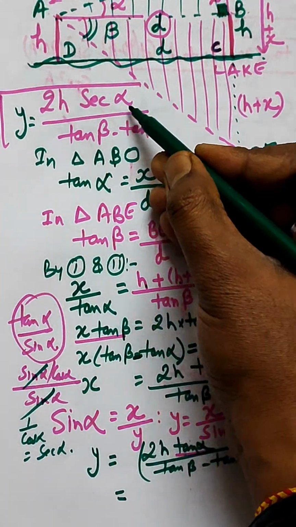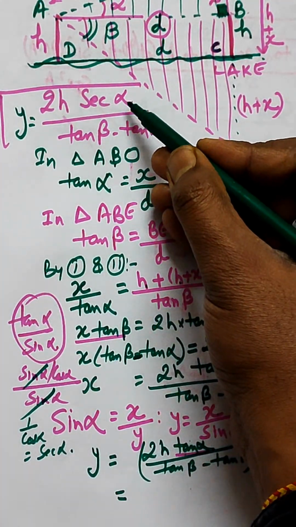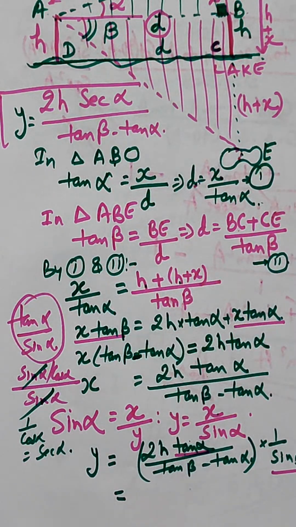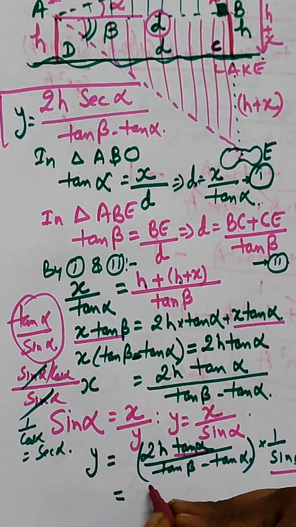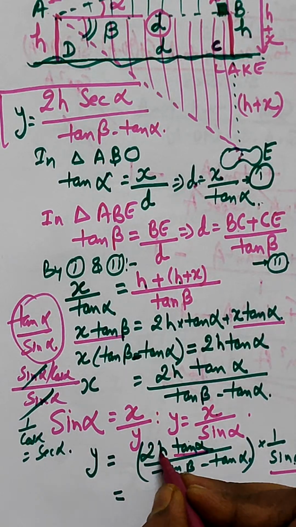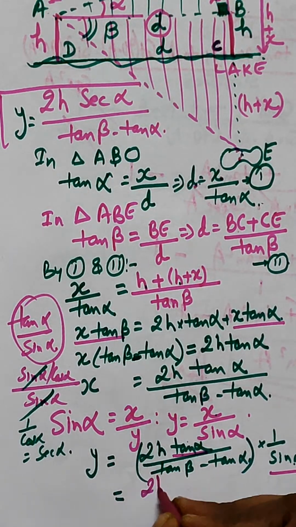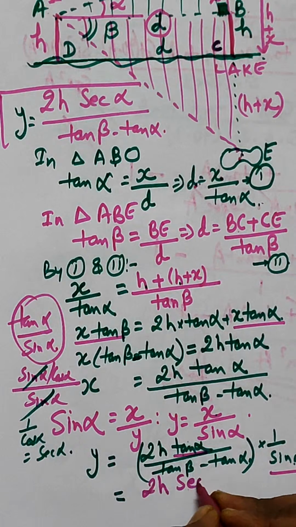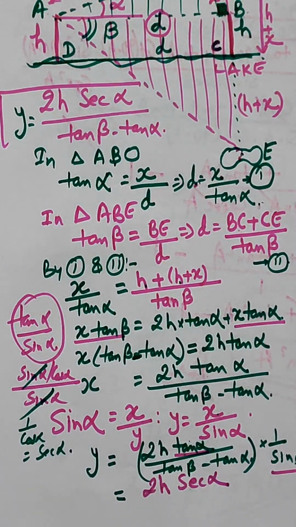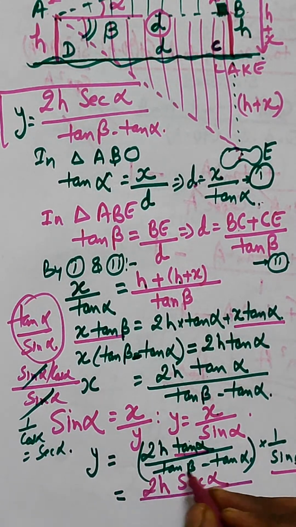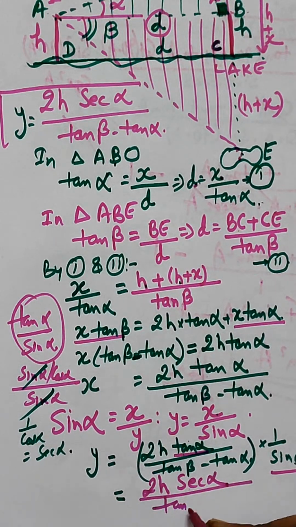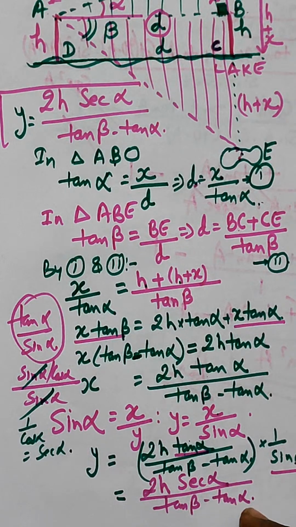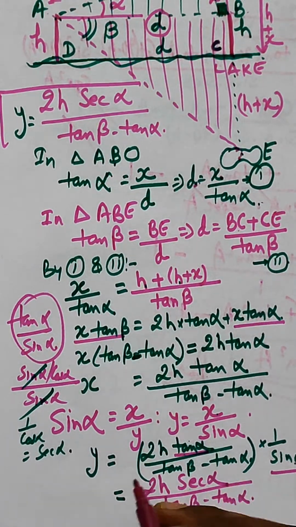You can see sec alpha here, which we are going to derive. Now we can write it as y equal to 2h sec alpha, right, divided by tan beta minus tan alpha. So this is the value of y.